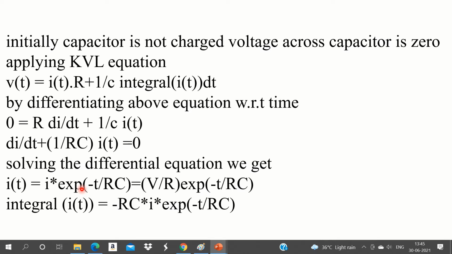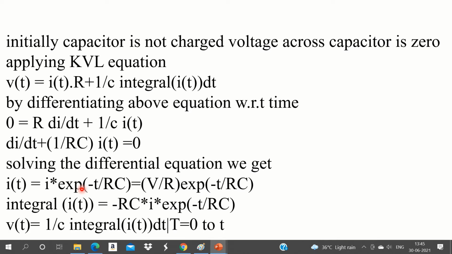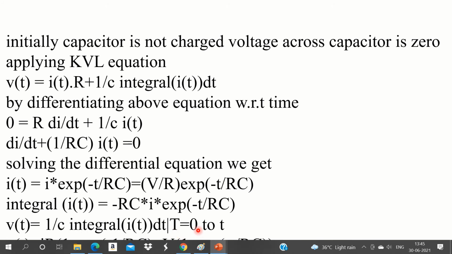If we integrate the I of t, we get this expression. 1 by C into the integral of I of t gives V of t. Substitute the integral of I of t here, and you get the V of t expression.